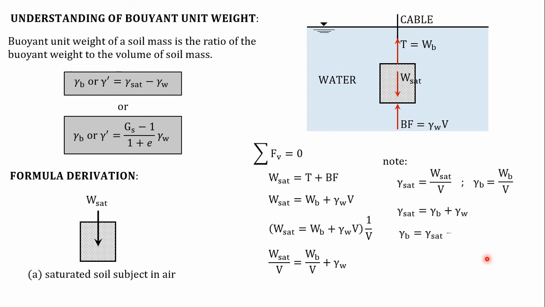By rearranging, the buoyant unit weight is equal to unit weight saturated minus unit weight of water. That is the formula.